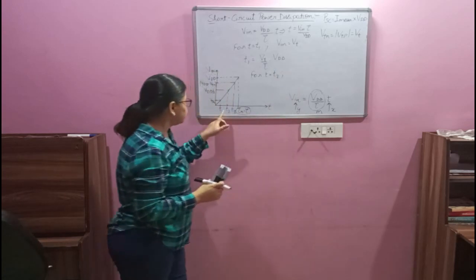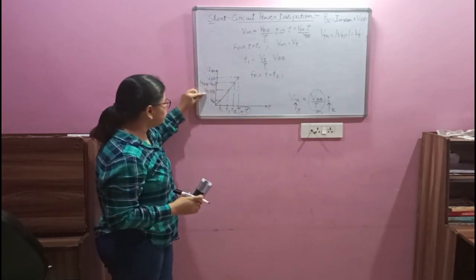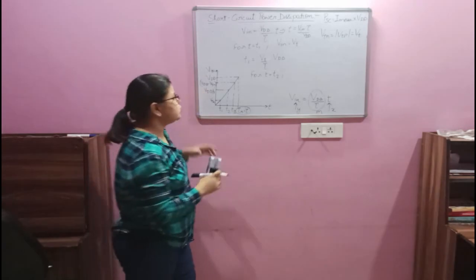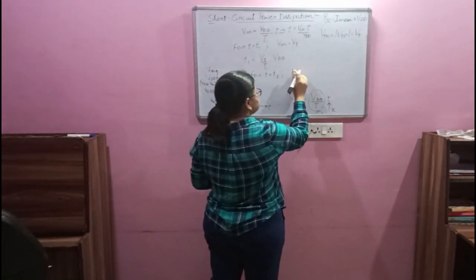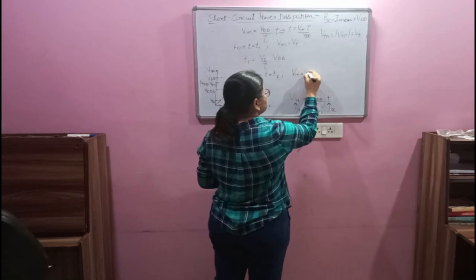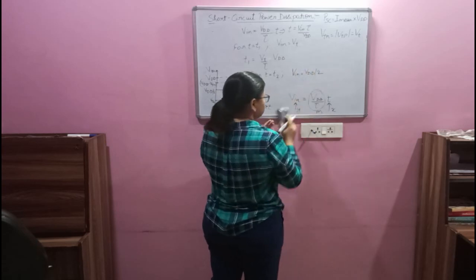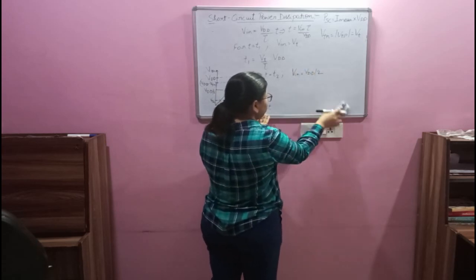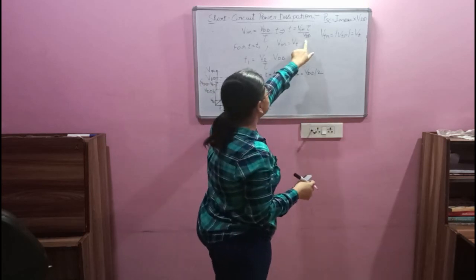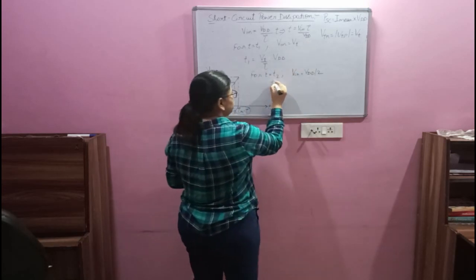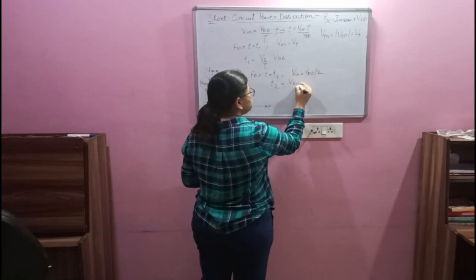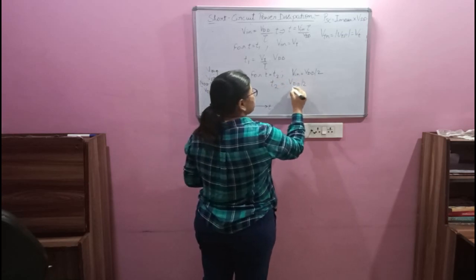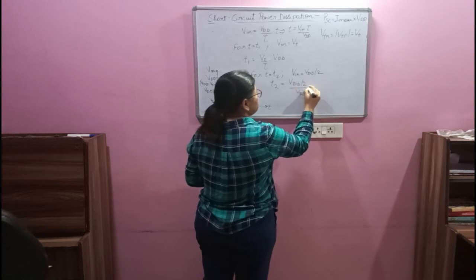Similarly, we can find out for T equals T2. Now when T is equal to T2, the input signal value is equal to VDD by 2. So this will be written as Vin equals VDD by 2. And now again we will place this into this equation. So T will be replaced by T2 and Vin is VDD by 2 upon VDD into tau.